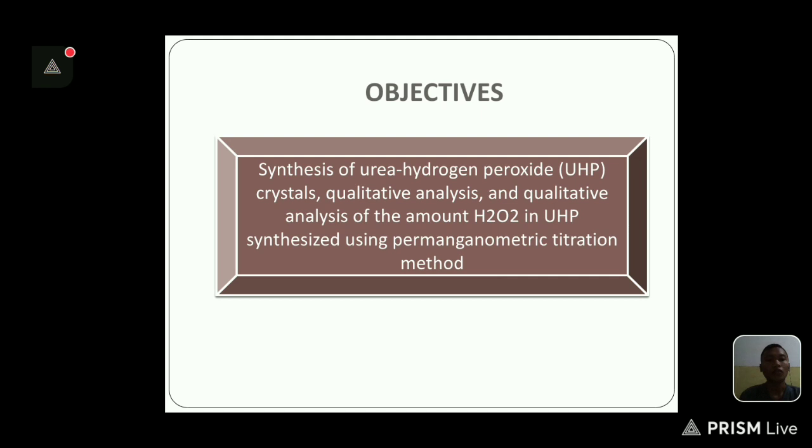The purpose of this experiment is the synthesis of UHP crystal, and qualitative analysis and quantitative analysis of the amount of hydrogen peroxide in the synthesized UHP using the permanganometry titration method.